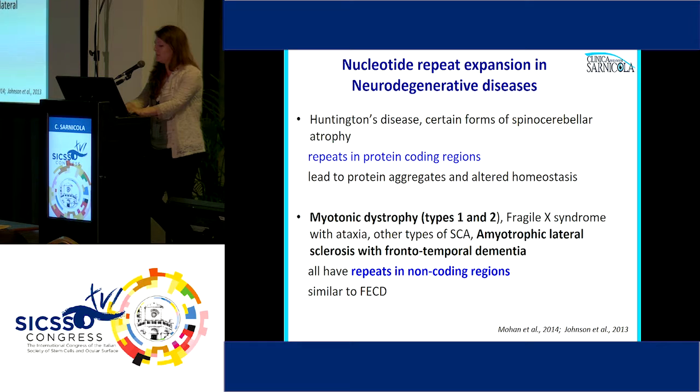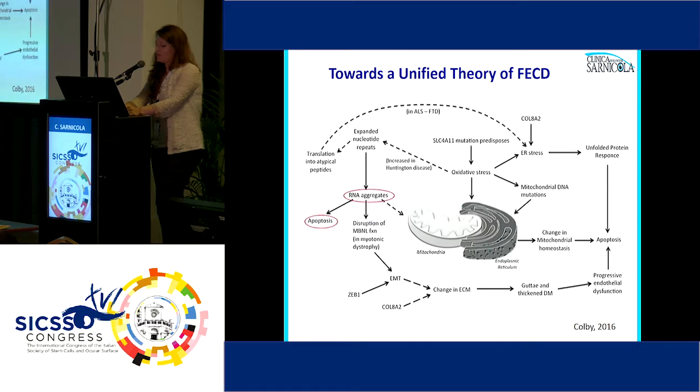What has to be noted is that these repeats are found in Fuchs dystrophy and in microsatellite diseases that are very rare degenerative diseases which are severely disabling, in particular in the region that is not coding for RNA, so myotonic dystrophy type 1 and 2, and ALS associated with frontotemporal dementia.